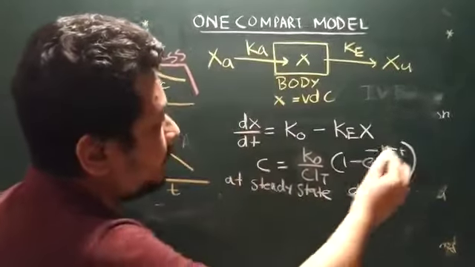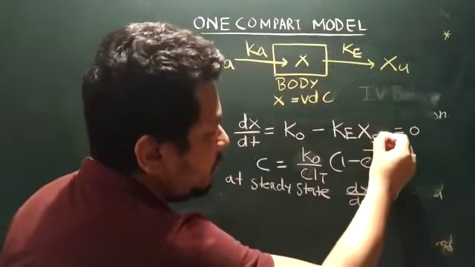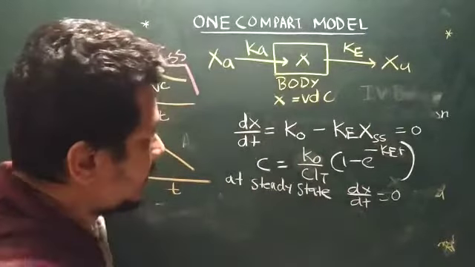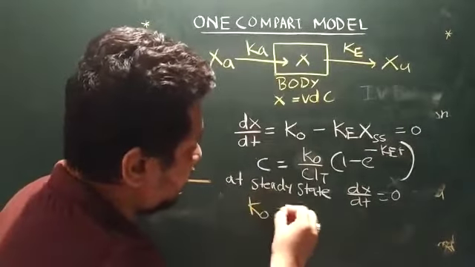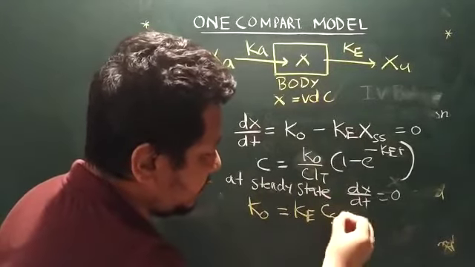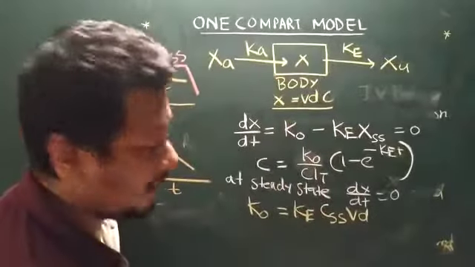So this becomes 0, which means I have to introduce XSS, that is steady state. So that means K naught is equal to Ke into XSS, which can be CSS into Vd, because X is equal to Vd into C, right?